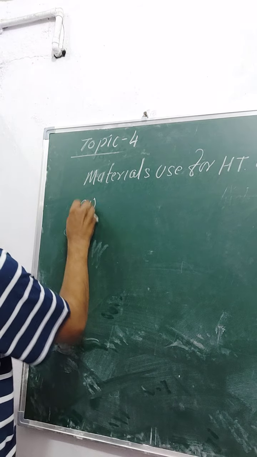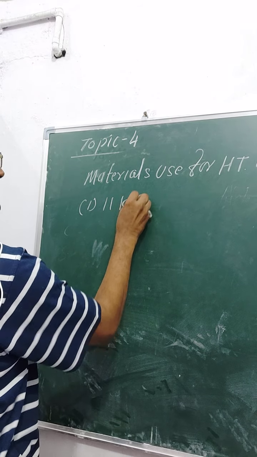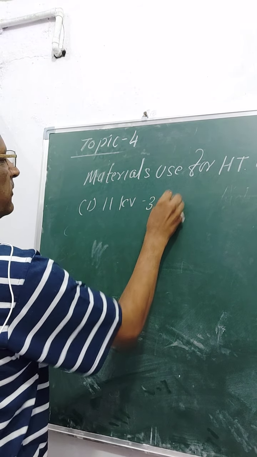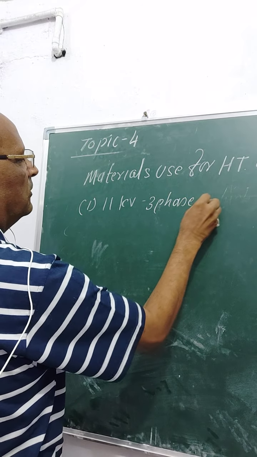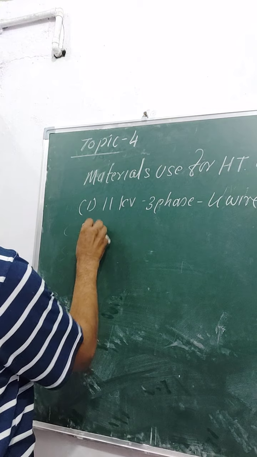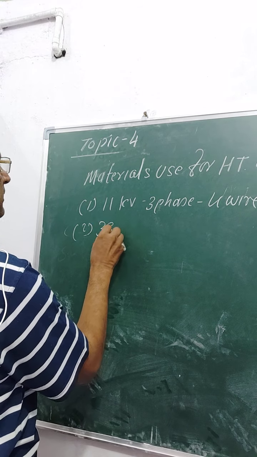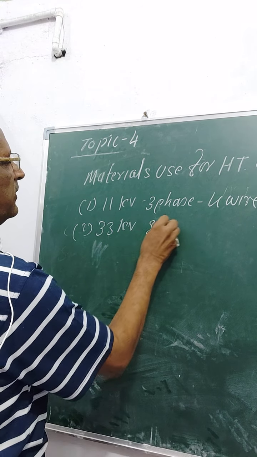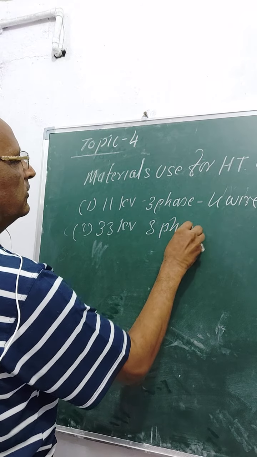HT lines are 11 kV, 3 phase, 4 wire, and the second is 33 kV, 3 phase, 4 wire.